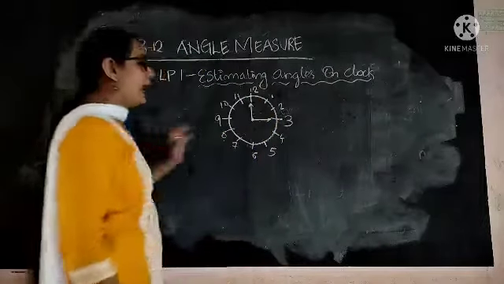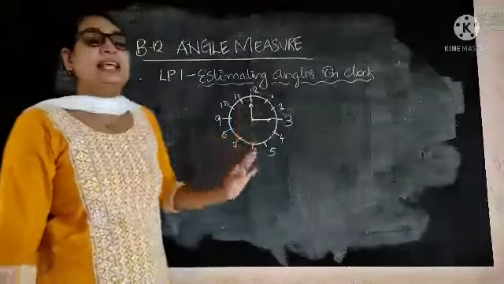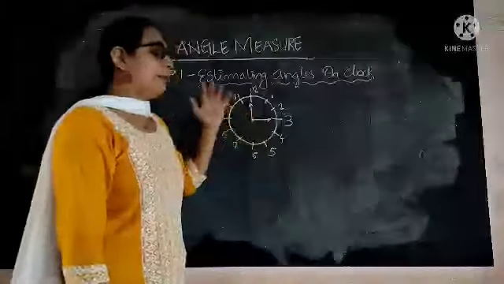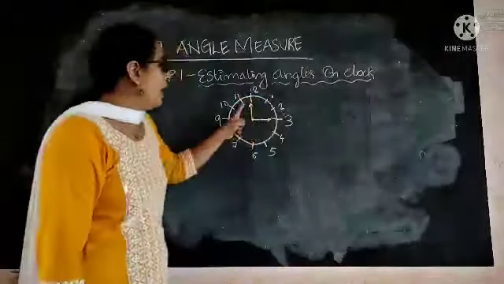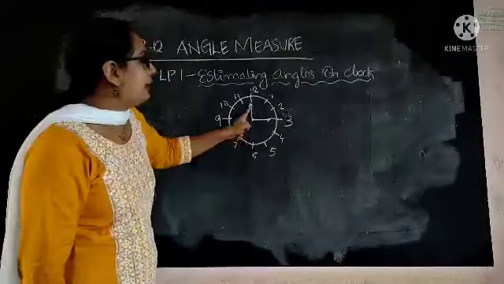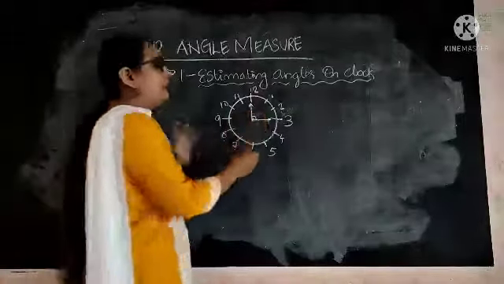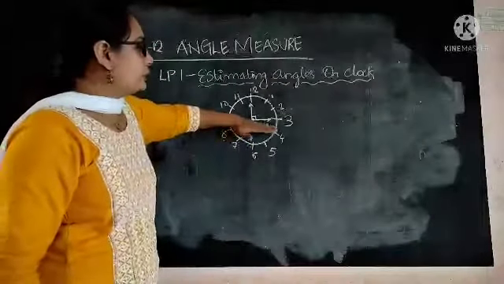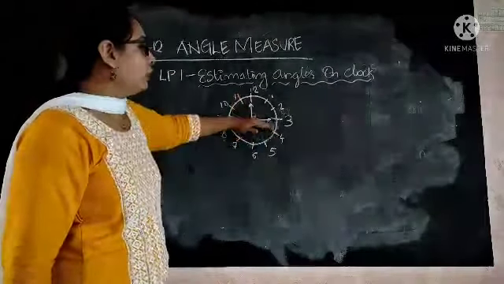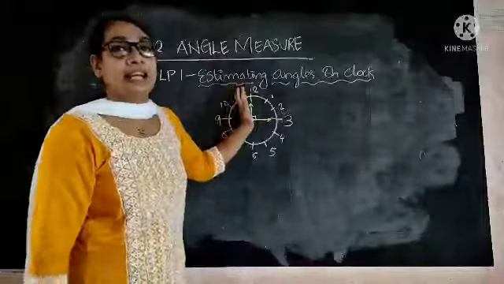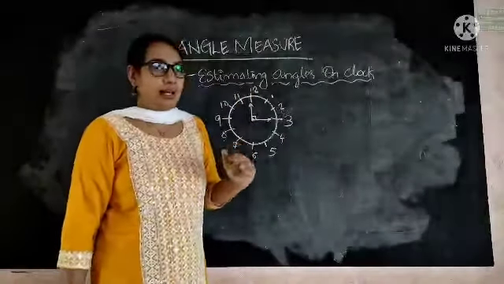These are the hands of the clock making 3 o'clock. The time is now 3 o'clock. What is the angle made by the hands here? When you look at this figure, this is the baseline, and this line is perpendicular, right?